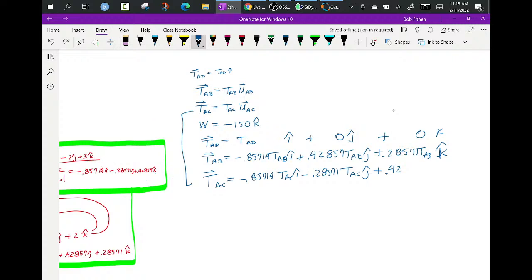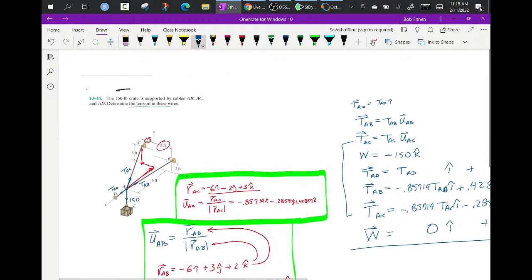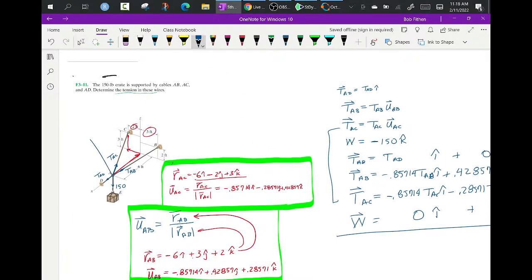And then the weight is equal to 0I plus 0J minus 150K. Now, these are all the forces that are acting at this point A.